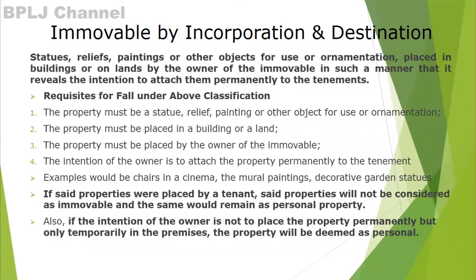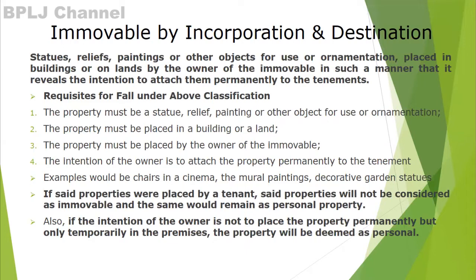Okay. Again, there are also those immovables which became such because of the intention of the owner. Okay, one of which are statues, reliefs, paintings, or other objects for use or ornamentation placed on buildings or on lands by the owner of the immovable in such a way that it reveals the intention to attach them permanently to the tenements.